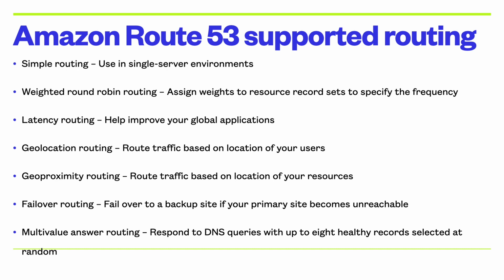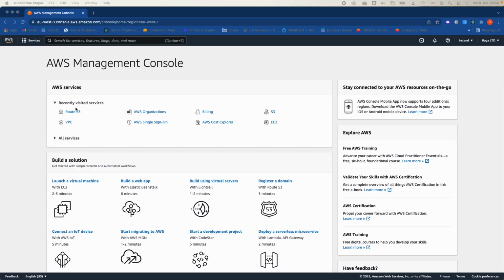So the first thing we want to do is to see how we can create a domain name in Route 53. Let us go and create one, and I will show you how you can create a domain name for your business and for your organization. As you can see, I am in the management console and I want to go to Route 53.